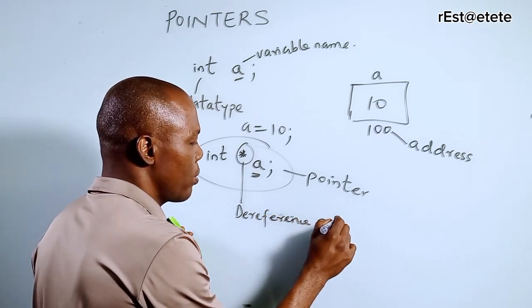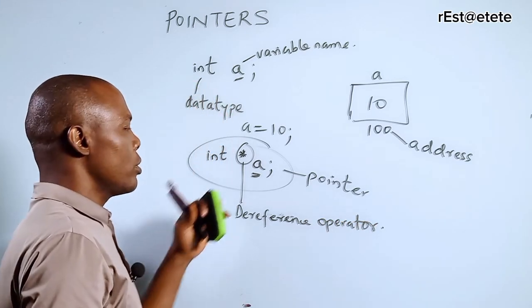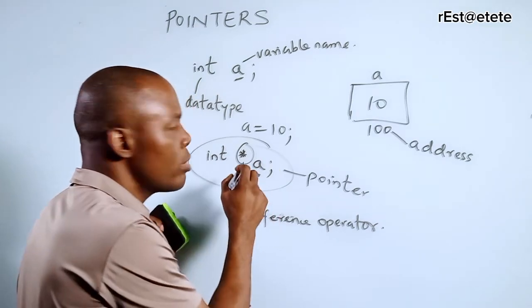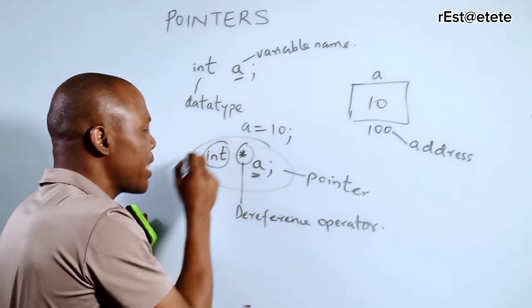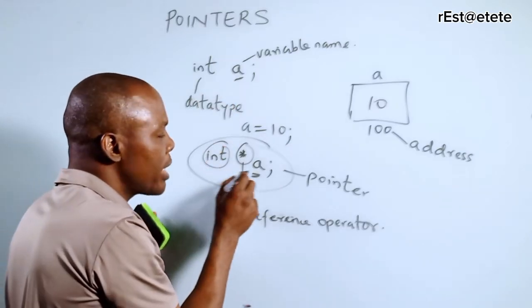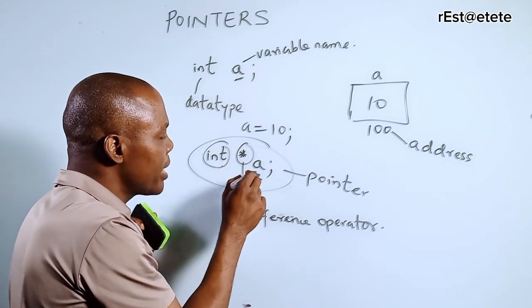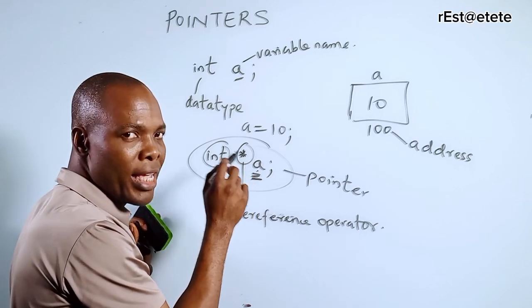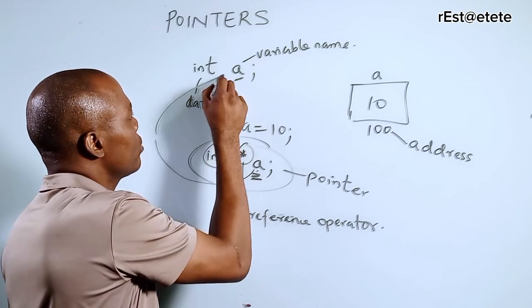This is what tells me that this a is a pointer, pointing to an integer variable. So this data type is not the data type for this pointer. What it's simply saying is that this pointer is pointing to a variable that is an integer. So this pointer is pointing to this guy.